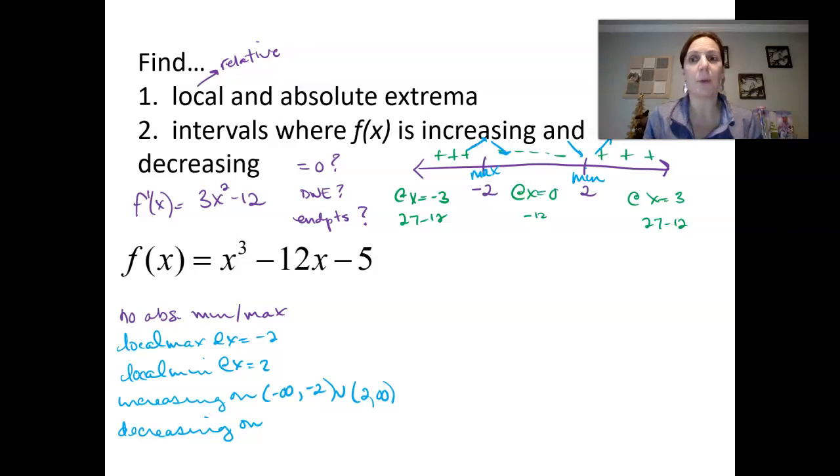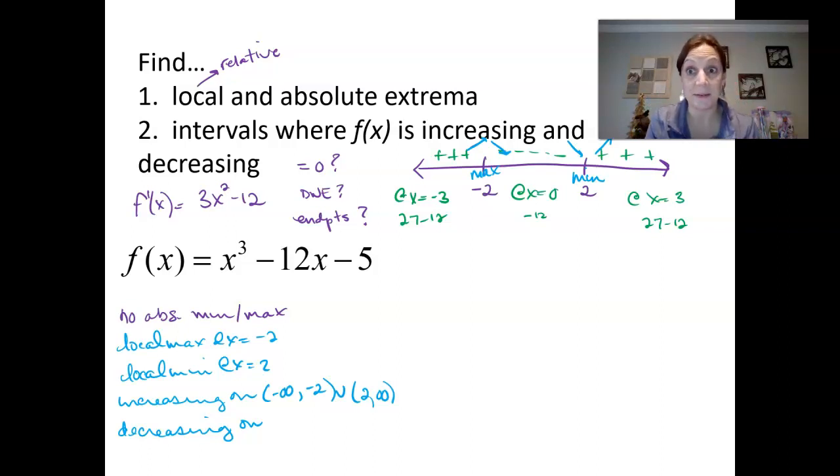Some textbooks, probably the same ones that say pointy place, define increasing and decreasing the pre-calc way by saying, well, it was increasing if each point is higher than the one that came before it. And if that's the case, then technically you could include them in both intervals.